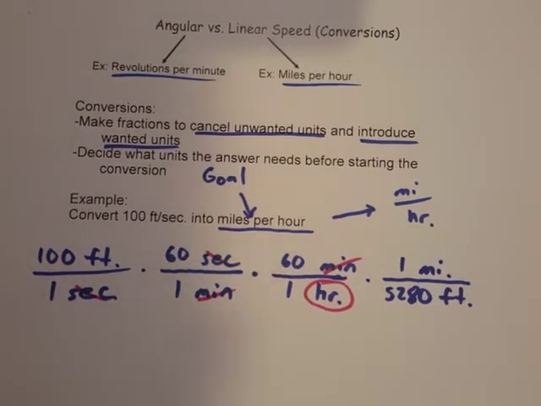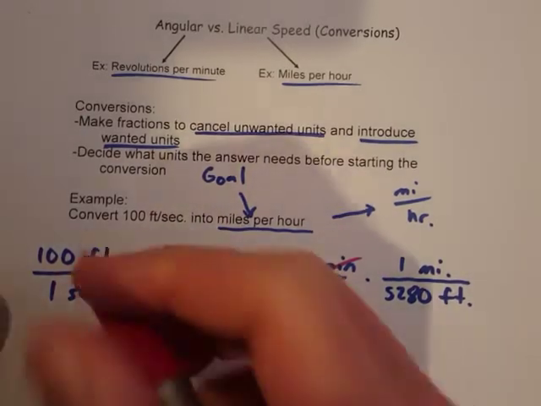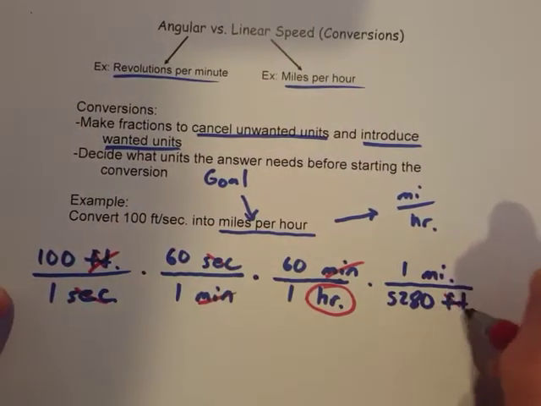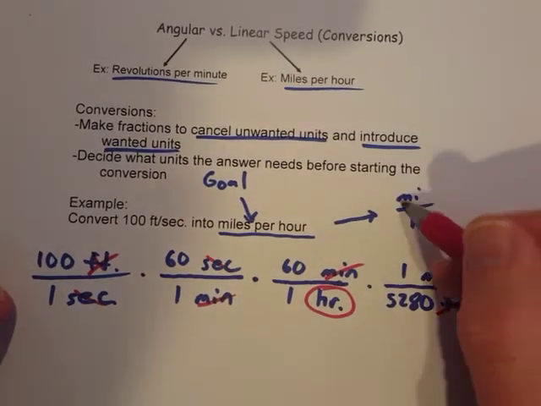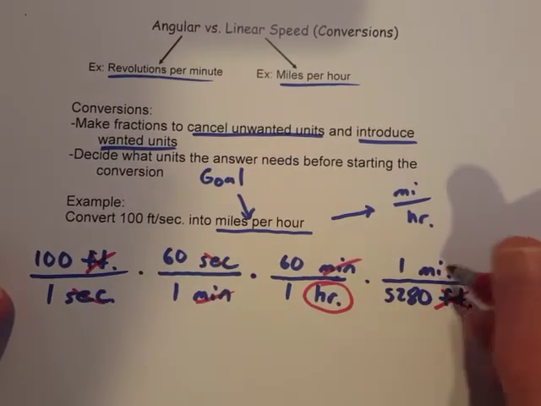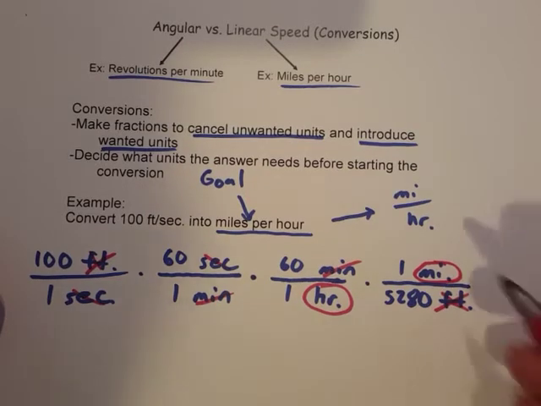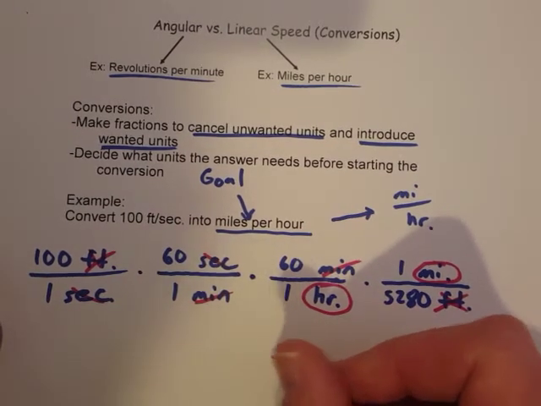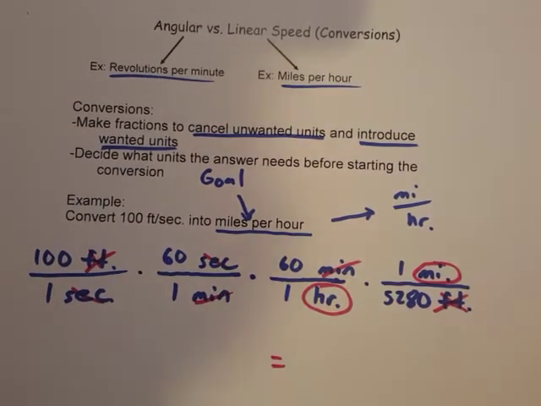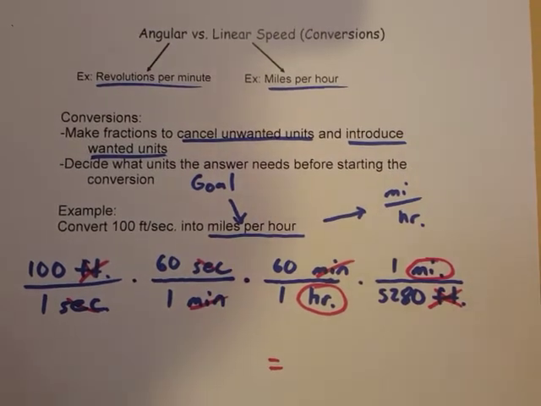So again, my units that I'm looking for, the feet cancel, and then miles are left over. And good news is here, miles needs to be on top, and so miles is on the top here. Now I have miles divided by hours. When I have those two positions taken care of, I know that I'm ready to just crunch the numbers, let the calculator do the work, and pretty much going to finish up this problem really soon here.